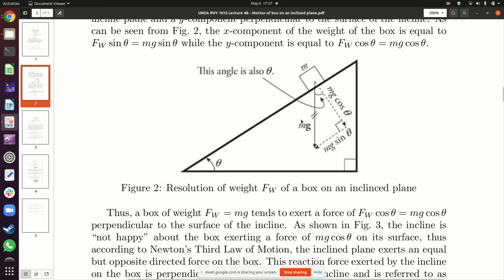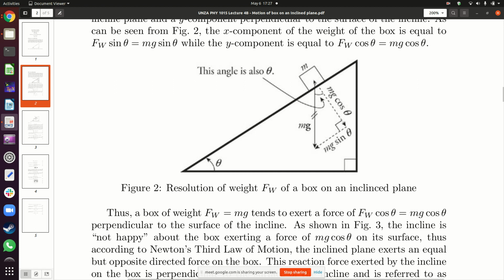That is the weight of the object. So this weight of the object is there acting on this particular box.